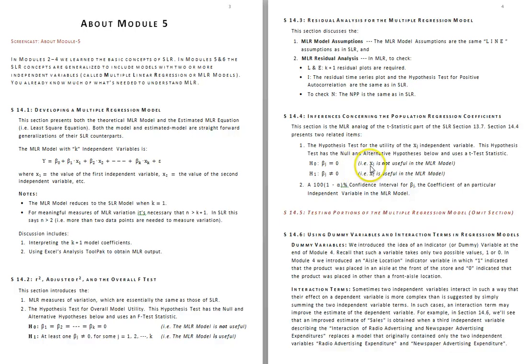That is, xj is not a useful variable in this multiple linear regression model. The alternative hypothesis, on the other hand, says the coefficient of the xj variable is different from 0, and thus xj is a useful variable in the multiple linear regression model. This result uses Bj over Sbj as a t-test statistic.